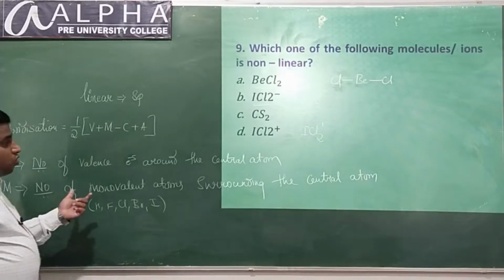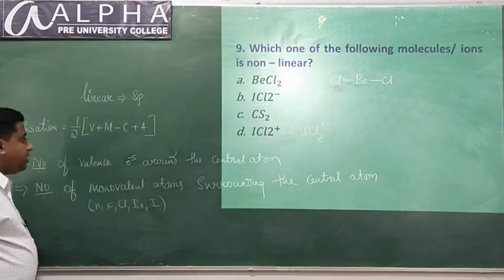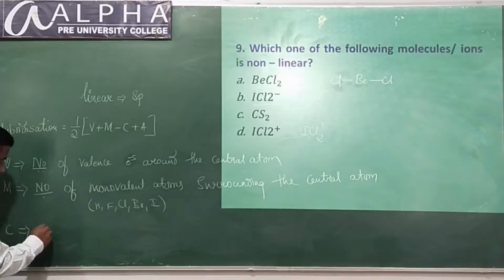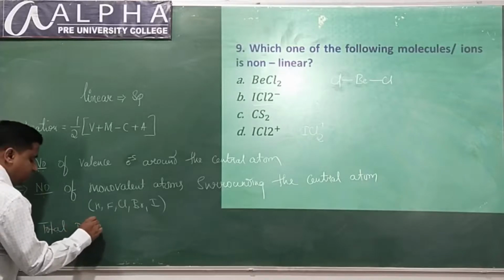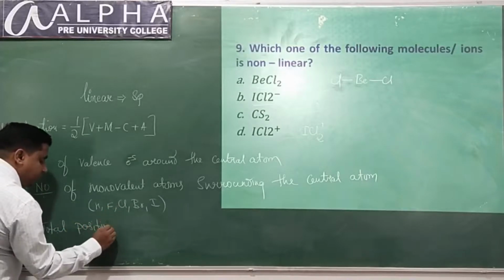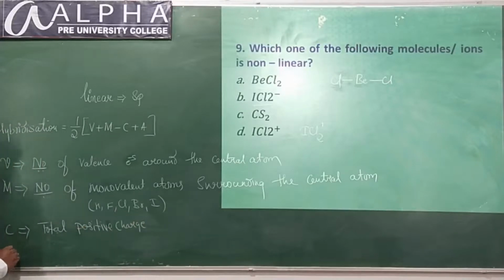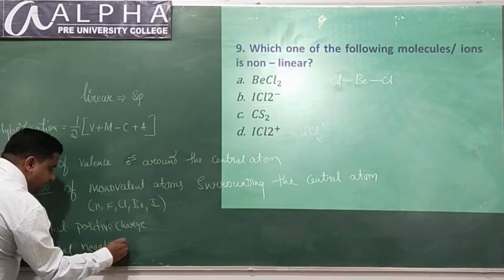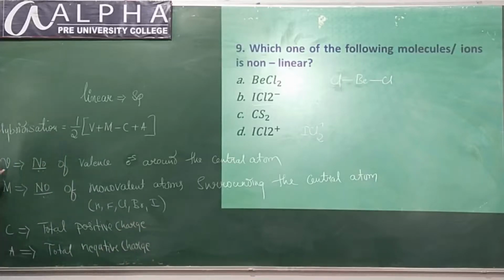C is the total positive charge, and A is the total negative charge. So you can calculate hybridization using this formula.